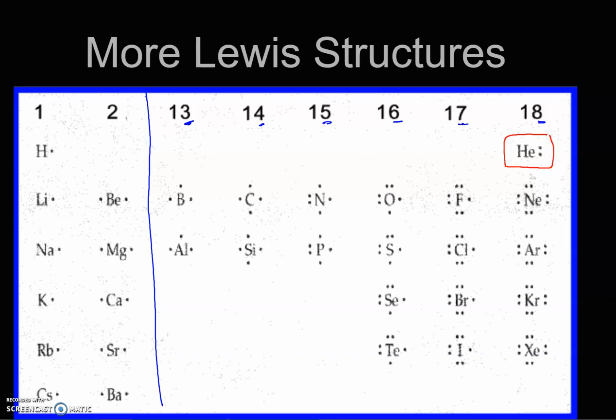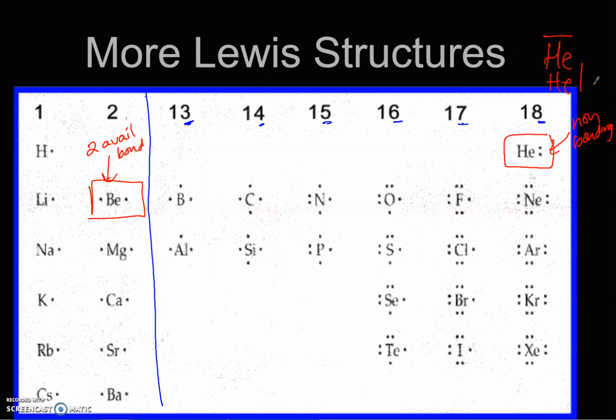Check out helium. Helium is not the same thing as beryllium. Beryllium has 2 electrons available for bonding, whereas this is a lone pair, so these are non-bonding. You do not see any bonding going on. So usually people write it like this, He.